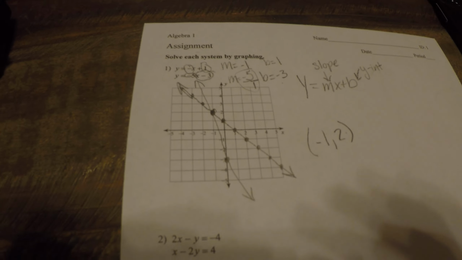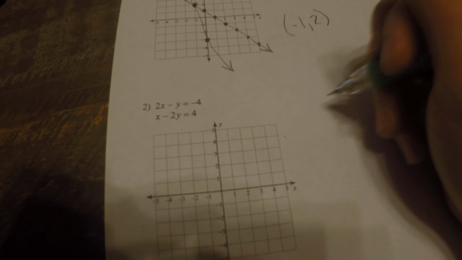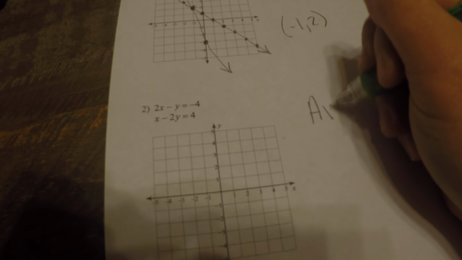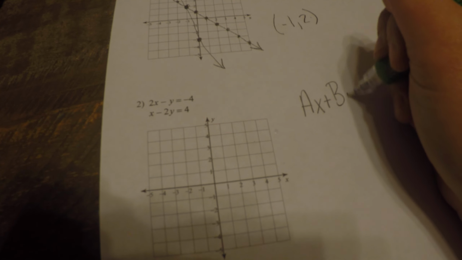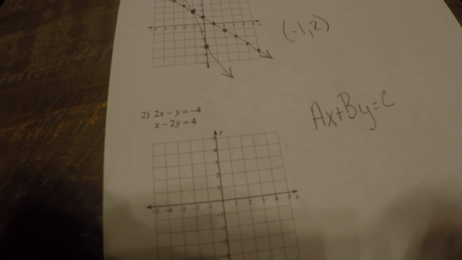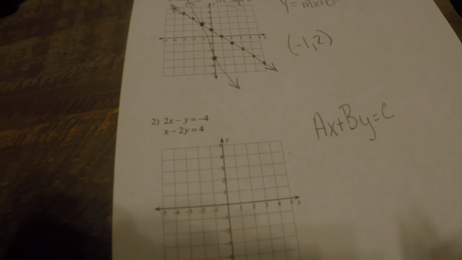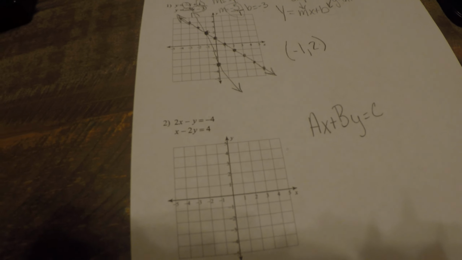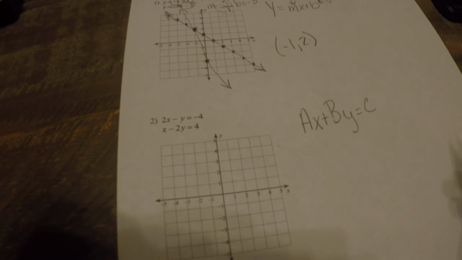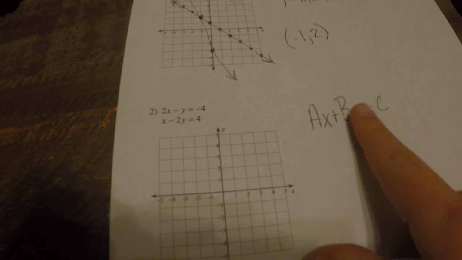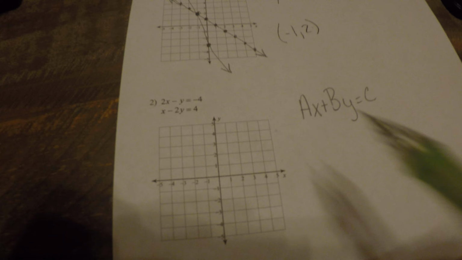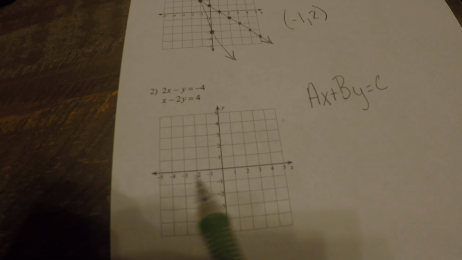All right, let's try this with standard form. So in standard form, it looks like ax plus by equals c. Well, looking at this, we can identify our x and y intercepts. So to find your x-intercept, that happens on the x-axis.